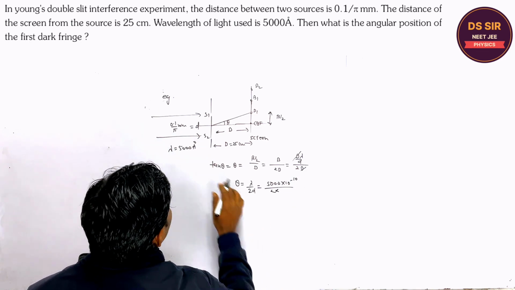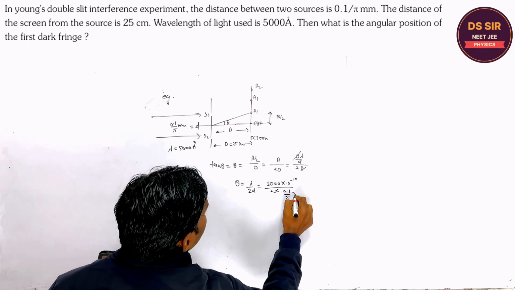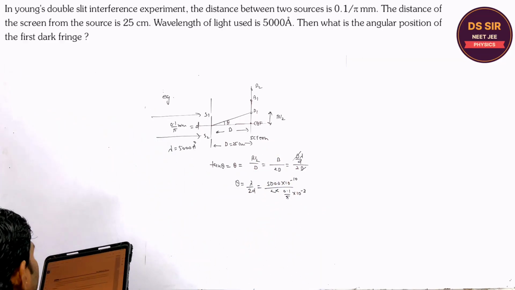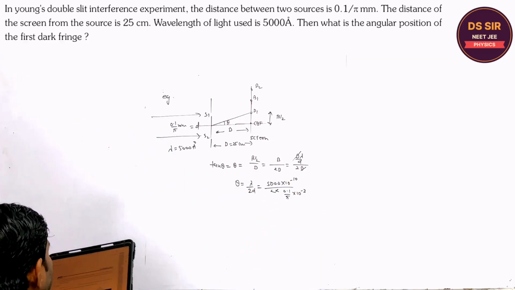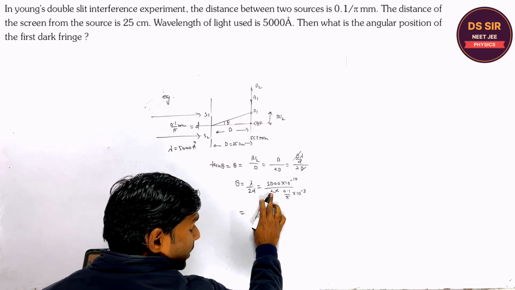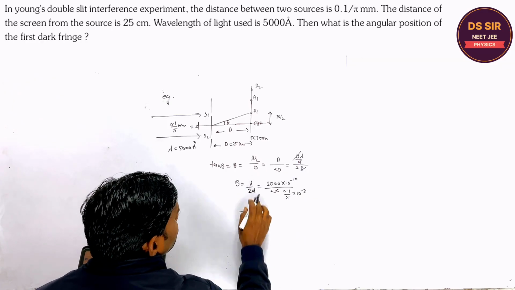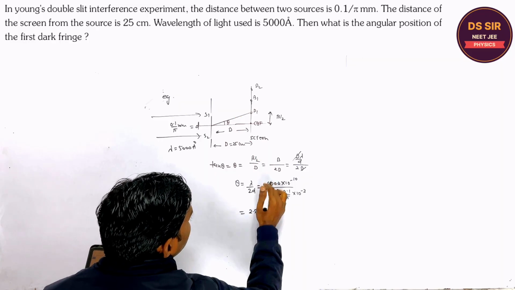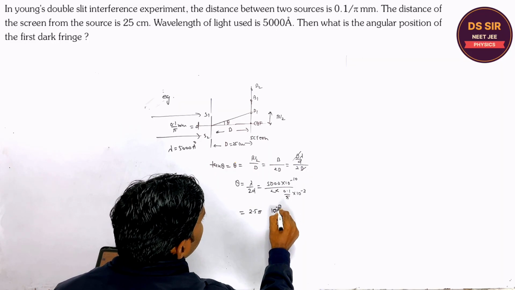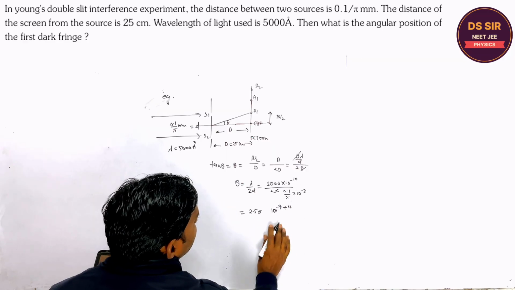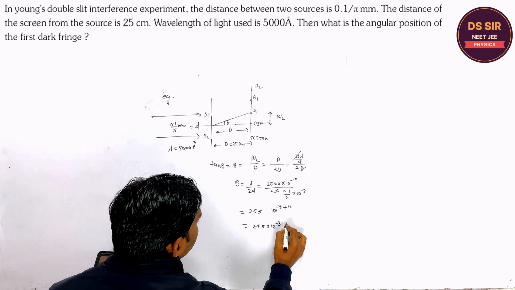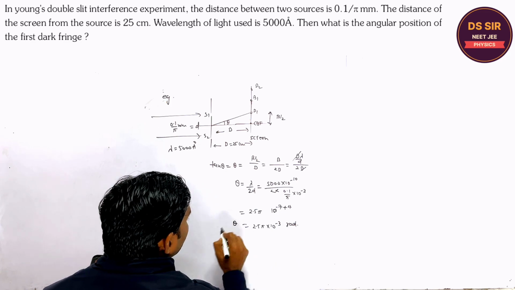The distance is what? 0.1 upon pi millimeter. It is converted into meter. So this answer comes in radian. So this is 2.5 pi, right? Simplify, in the numerator it is minus 7 plus 4. So it is 2.5 pi into 10 to the power minus 3 radian. Is it clear or not?